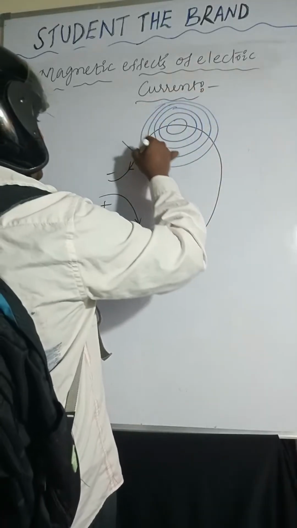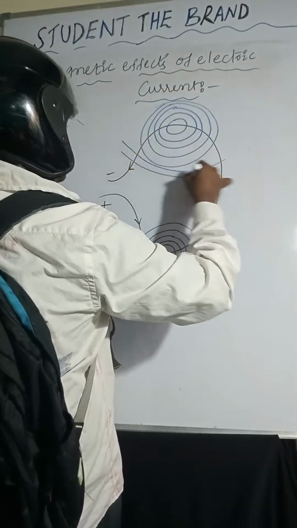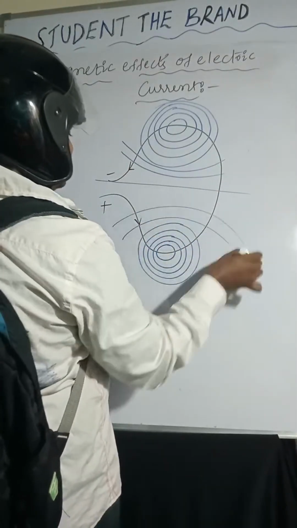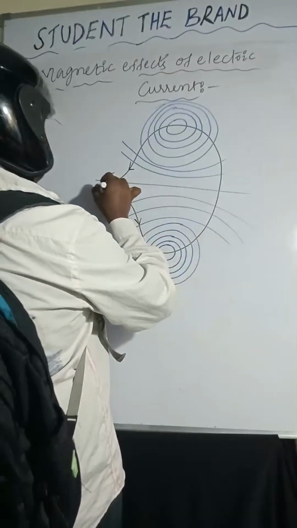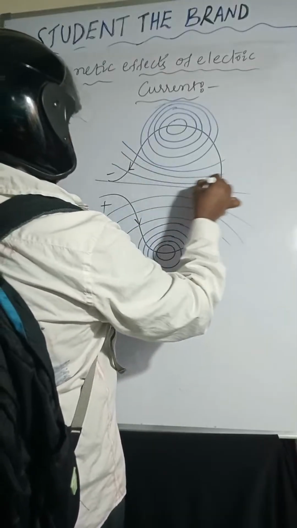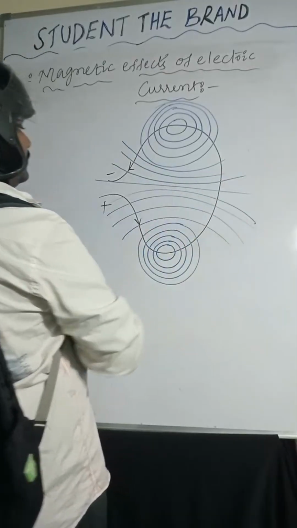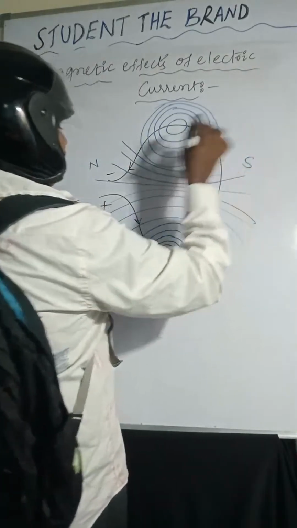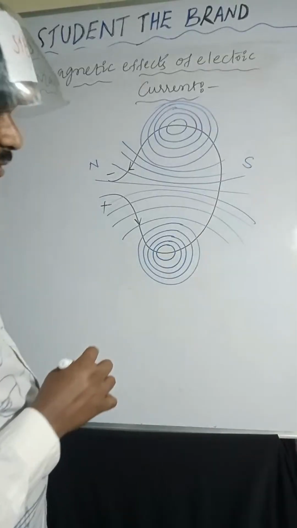If you keep on increasing those field lines, exactly in the middle it will be like this. So this is north and this one is south.